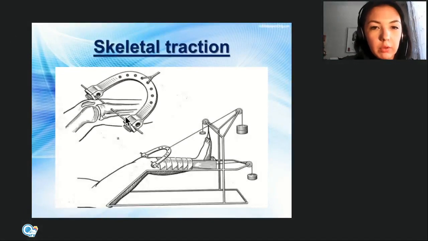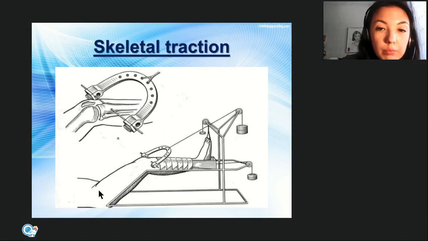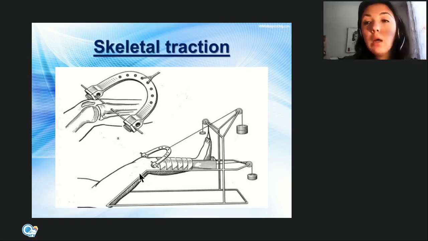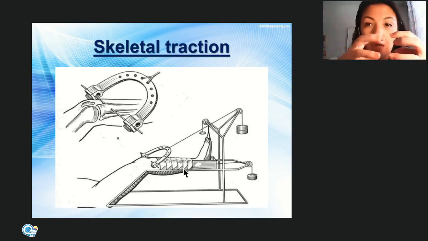So yes, I promised you to show this. That's in case of femur, I guess, and leg fracture, both of them. Like in case of femur fracture, this device is used. No, I guess here it is just the leg. In case of femur fracture, we conduct the pin through the condyles of femur.